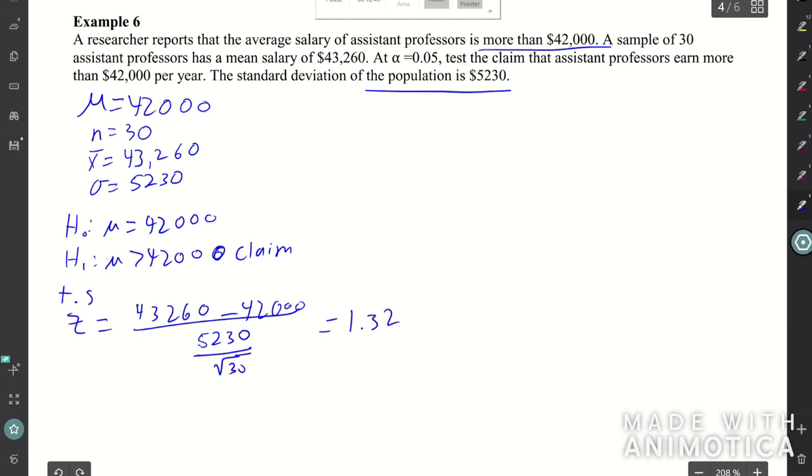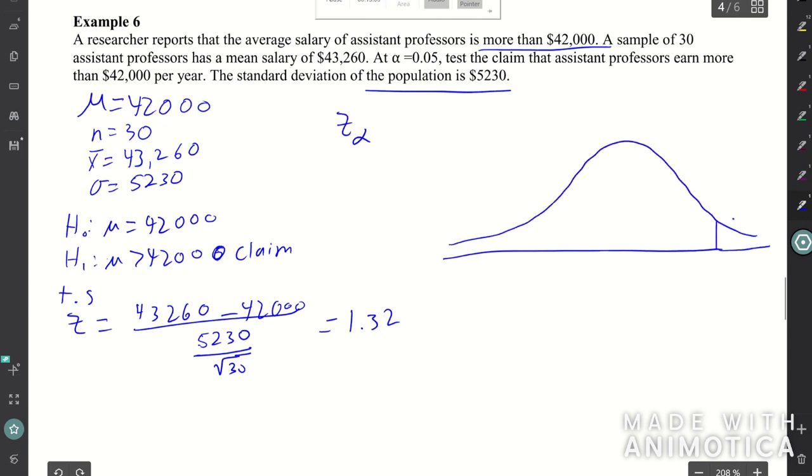Now again, if I'm doing this by hand instead of using technology, I'm going to use critical values to help me. This is a one-tailed test, so we have all of our alpha in that one upper tail, since it's a greater than test.